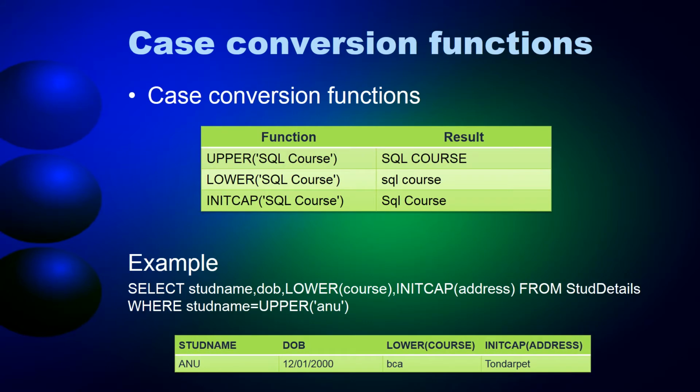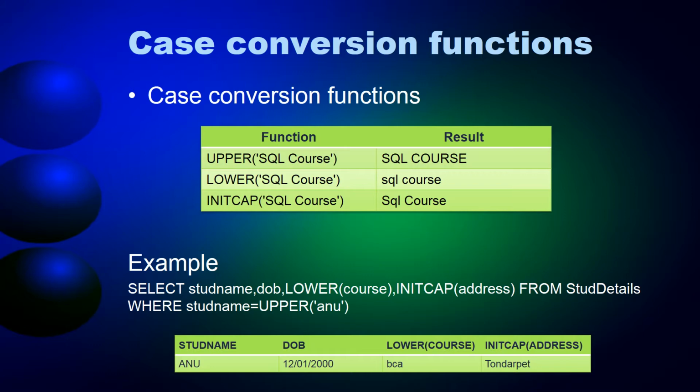See the case conversion function. A case conversion function is used to convert the cases of the string. We have three case conversion functions. First is the upper function. The upper function returns a string in which all alphabetical characters have been converted to uppercase. Next, the lower function.